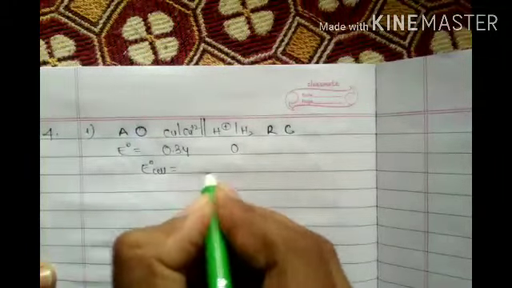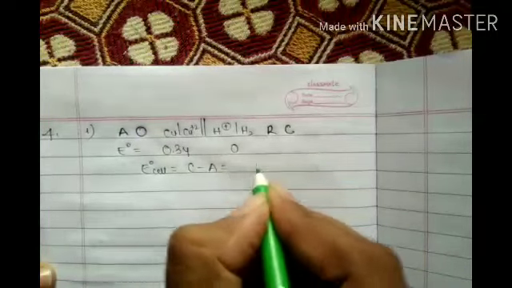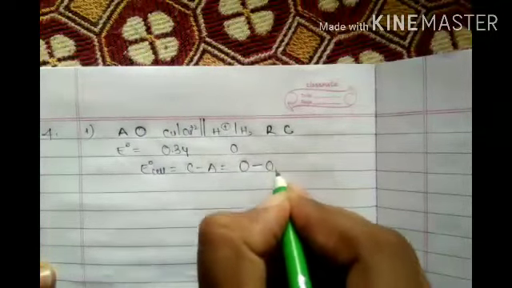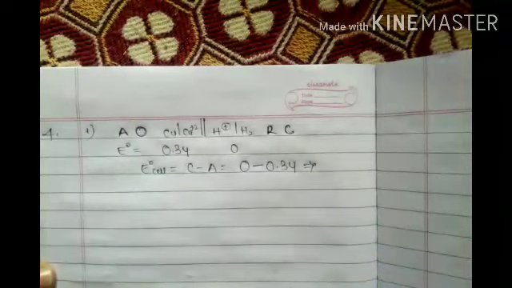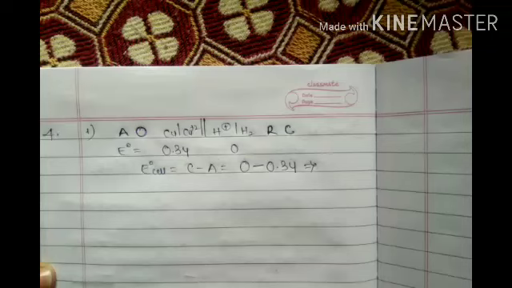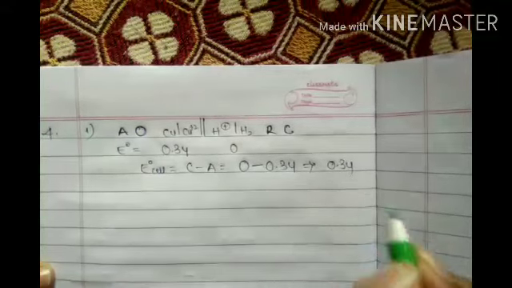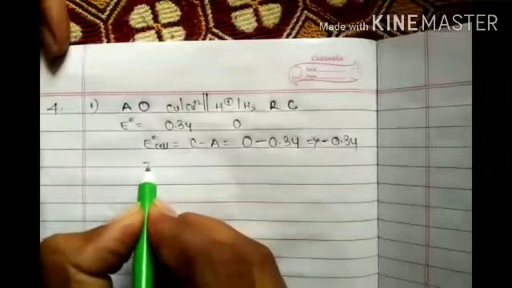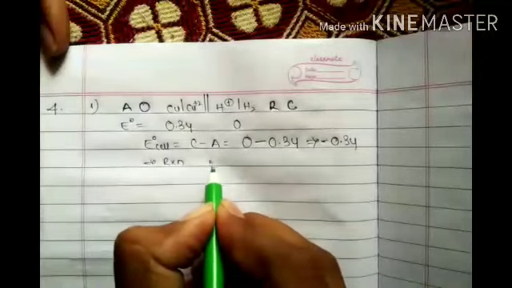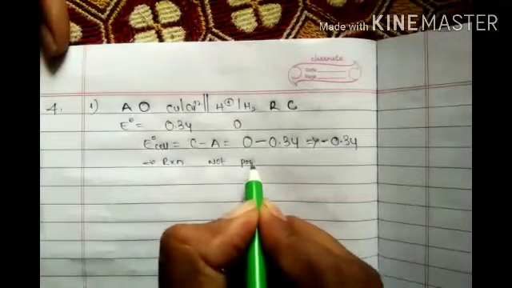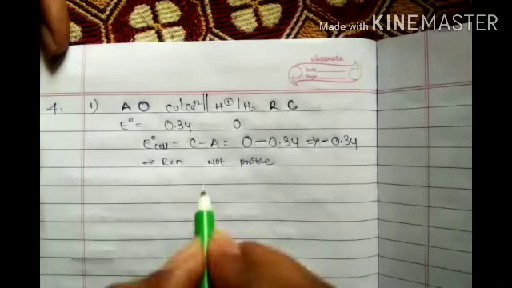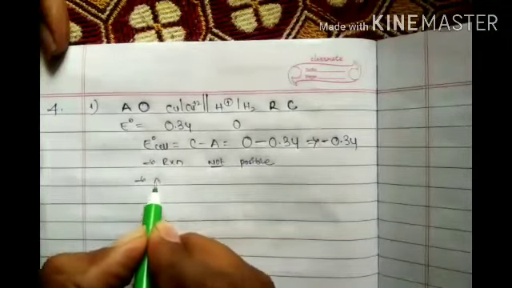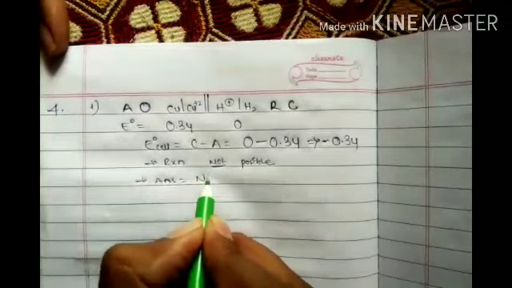E cell equals cathode minus anode equals 0 minus 0.34. What will come? Negative came, minus 0.34. So negative came means what? Reaction not possible. Simply the answer is no.